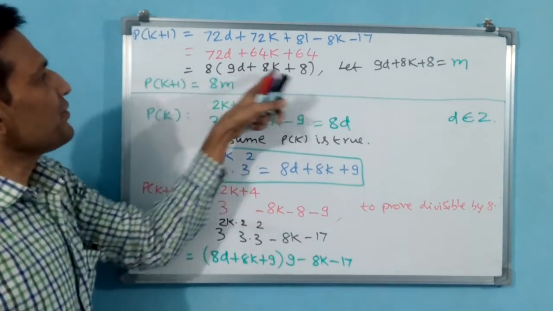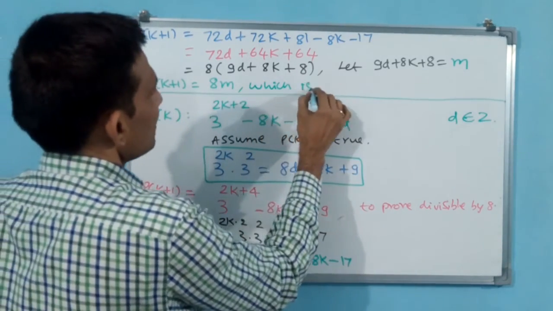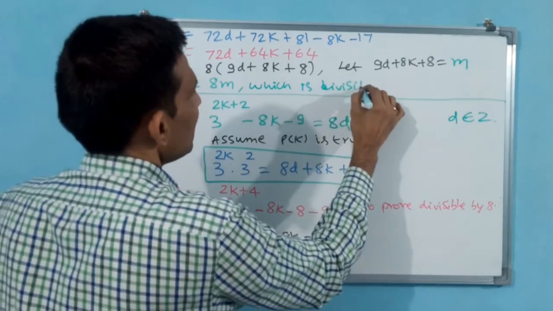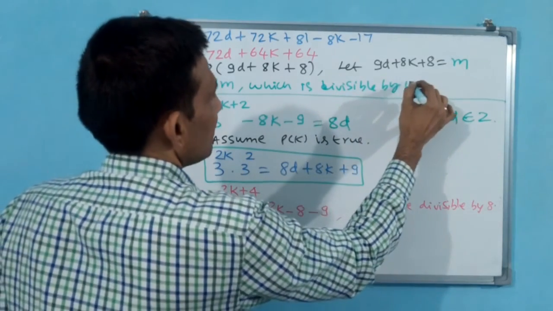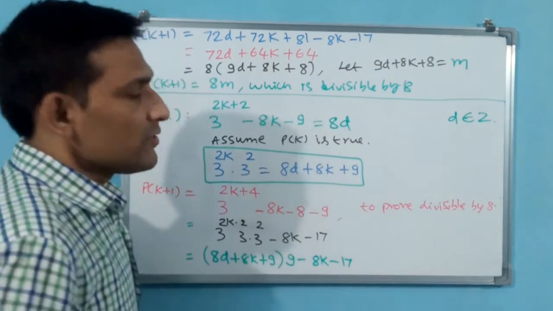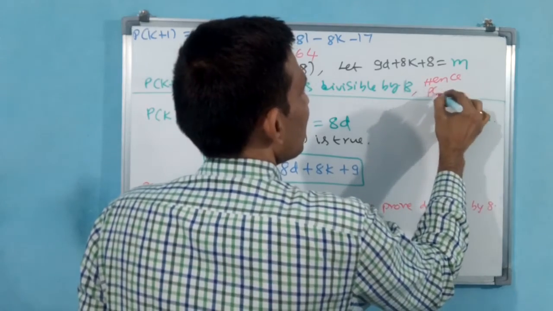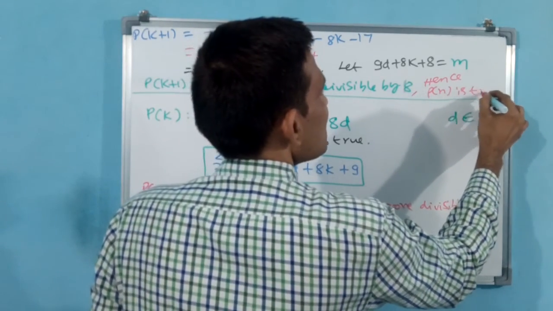Then 8 into m, 8m, which is divisible by 8. Okay. Finally you write, hence P of n is true.